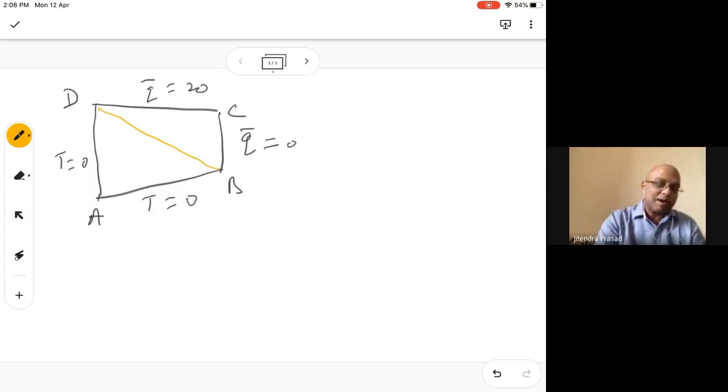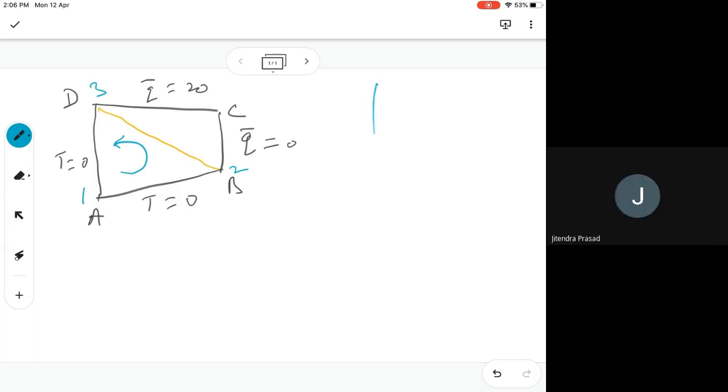Let us say you go like this: this is 1, then 2, and then 3 like this. So what you have gone is anti-clockwise, so that the area is positive. Otherwise, the area is half the determinant of 1 x1 y1, 1 x2 y2, 1 x3 y3.